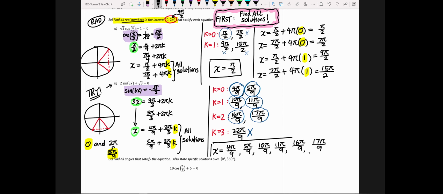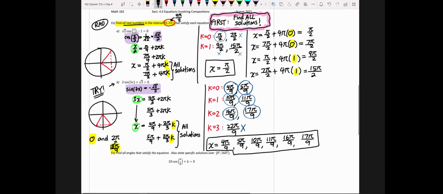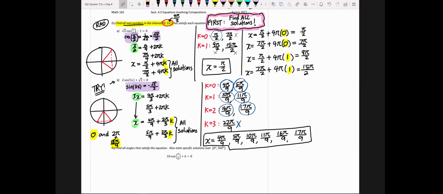Another reminder is for these free response exam questions, students are required to show work. If you just have these 6 answers without the work, I wouldn't know where the answers came from. So to receive credit on the problem, you do need to show all the steps that we've been going through.